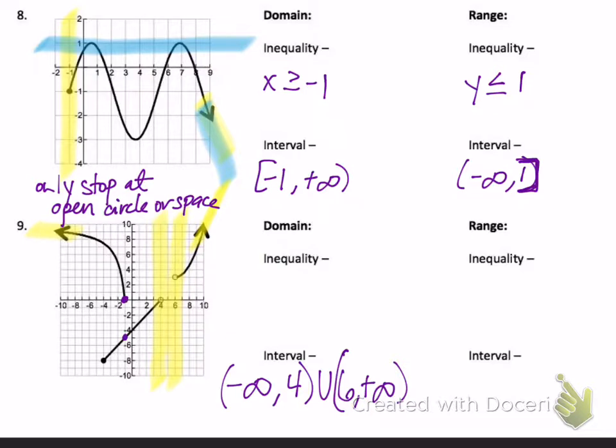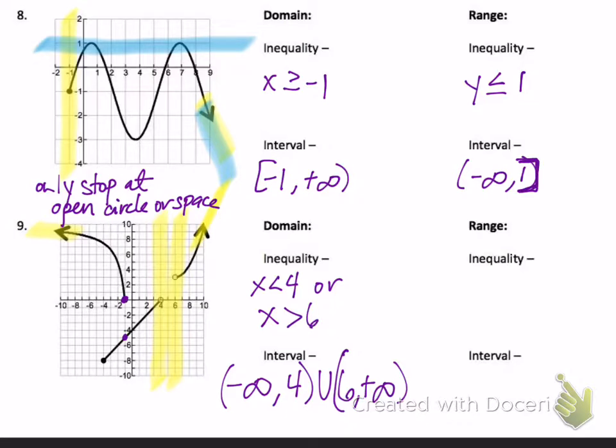Even though there's a gap, it's still defined at that x value. So then inequality, it would be x is less than 4, or x is greater than 6.